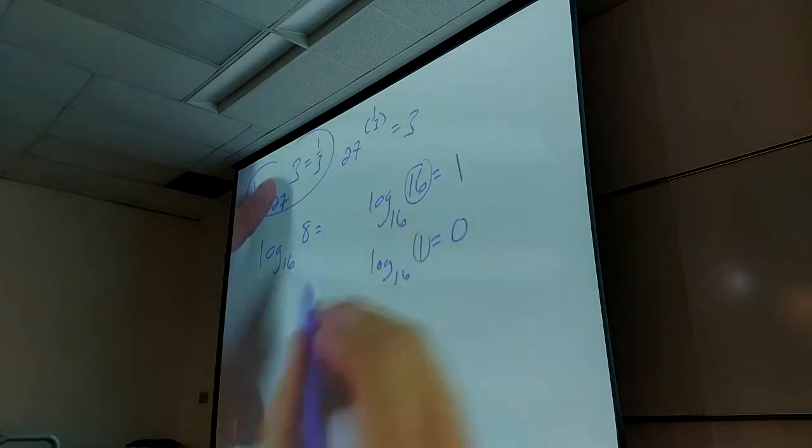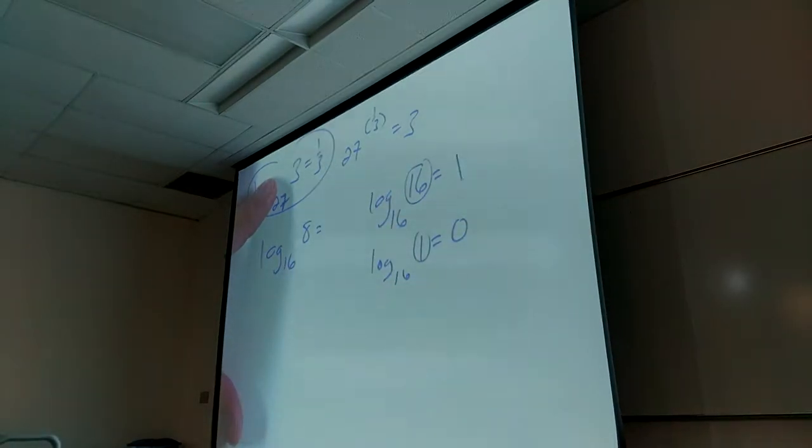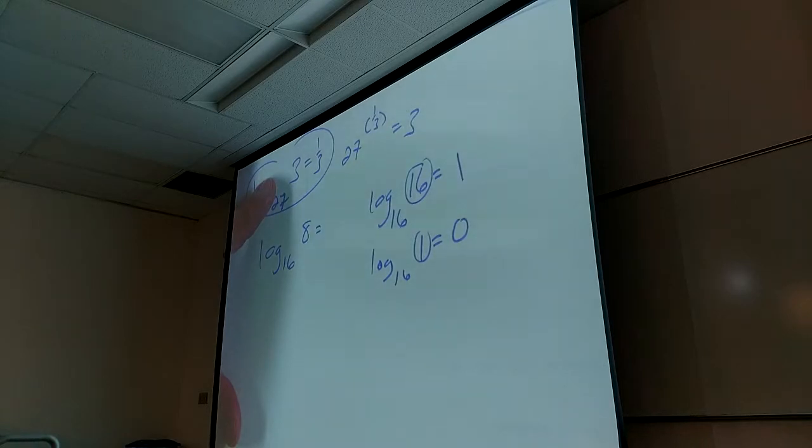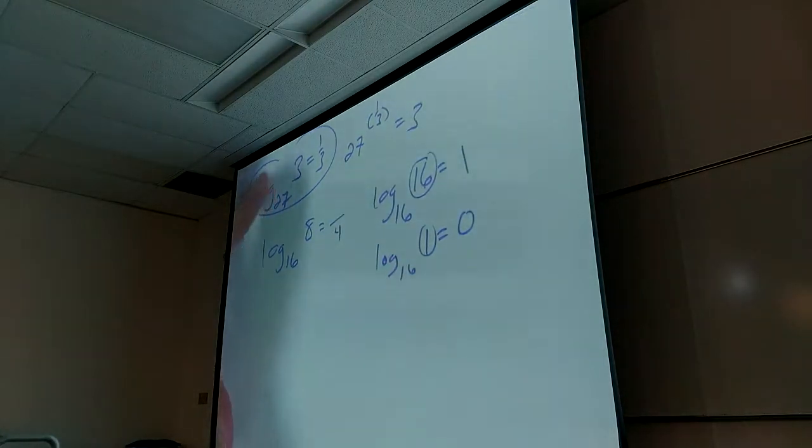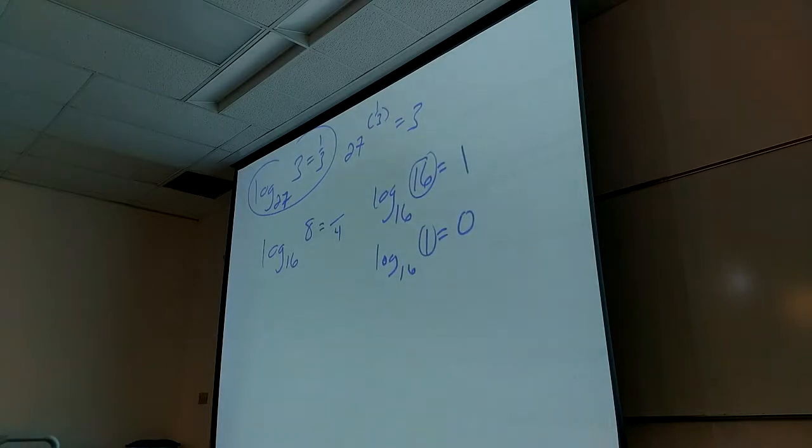So tell me this. How do I make 16 become 2? What root do I have to take of it? Or no. 4th root. Why do I take a 4th root to 16 to make it become 2? Because it takes 4 2s to multiply to 16. So if I take a 4th root of 16, I get 2. Now how many of those do I need to make 8? I got to raise that to the 3rd power.